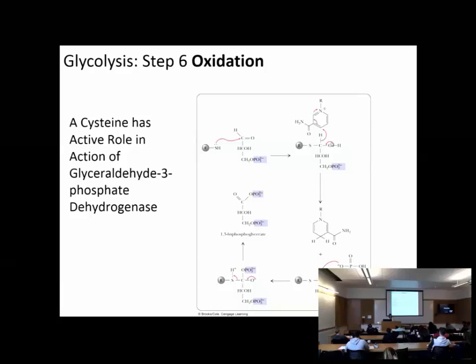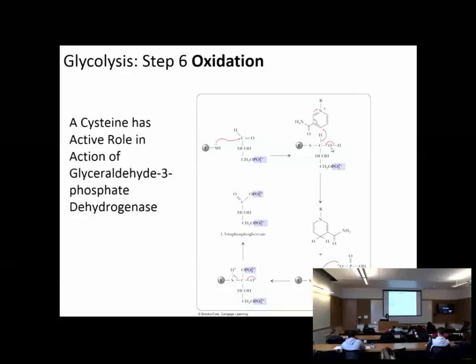And because that's pulling the hydride off, then we get this group here with the carbonyl and the sulfur, which makes it much easier for the phosphate to attack that carbonyl, because the sulfur is pulling electron density away from this carbon, making it much more easy for it to be attacked by the oxygen on a phosphate.